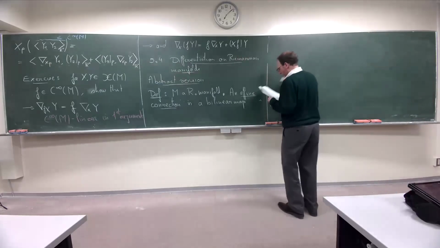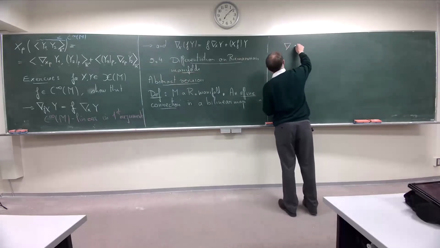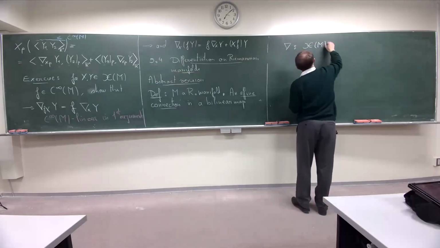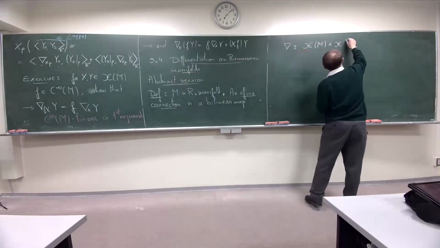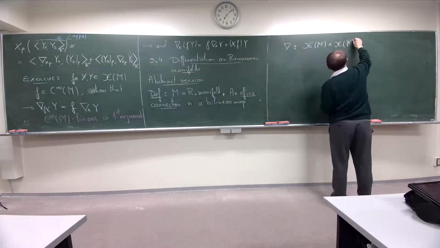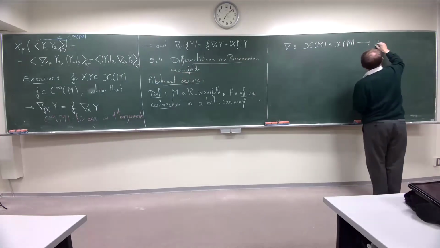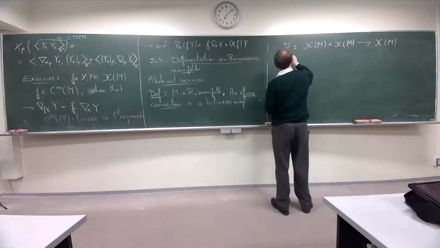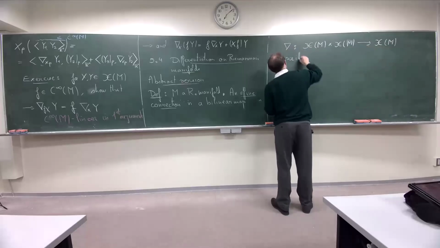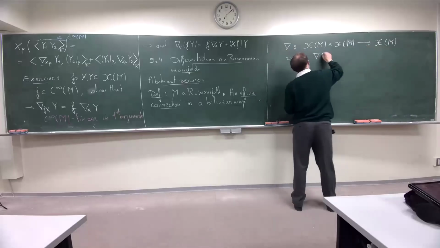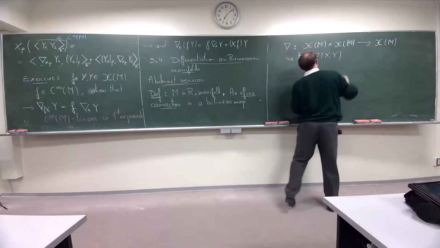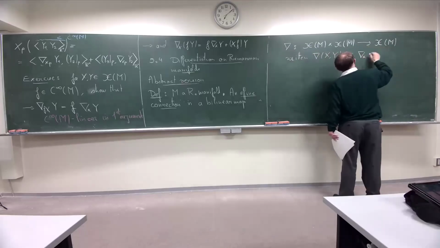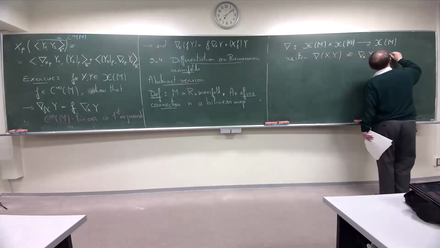It's a bilinear map denoted by this triangle, or nabla, from a vector field times a vector field. So it means you need two ingredients which are vector fields, and it gives you again a vector field. It's a function of two variables, but we don't write it like this. We are going to write it as we have just seen before.